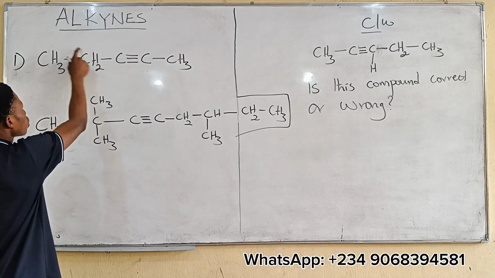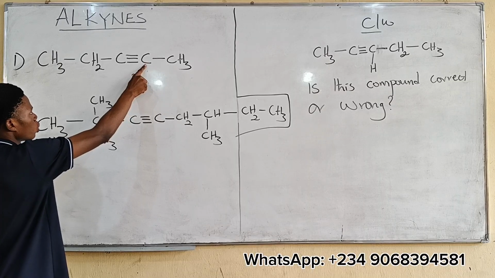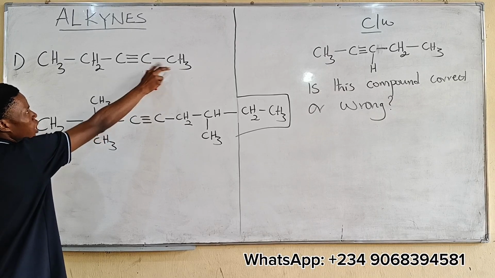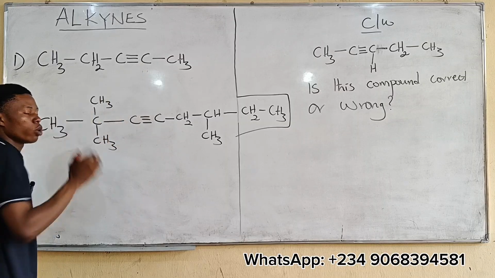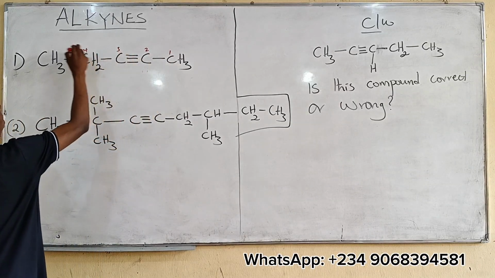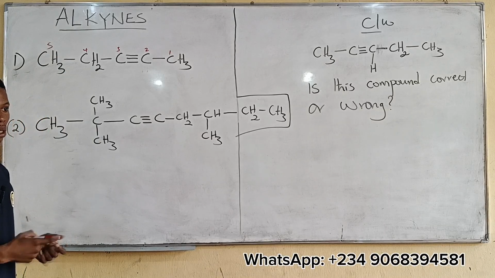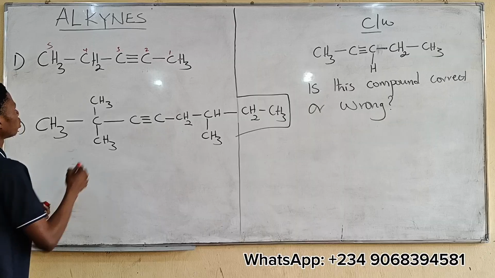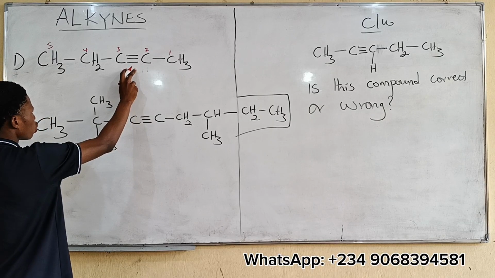If I count from here 1 2 3, the triple bond is on carbon 3. If I count from here 1 2, the triple bond is on carbon 2. So I will go from right to left because that will give the triple bond the lowest numbering. So I'm having 1 2 3 4 5. Now 5 carbons is pentyne, and the position of the triple bond is on position 2.